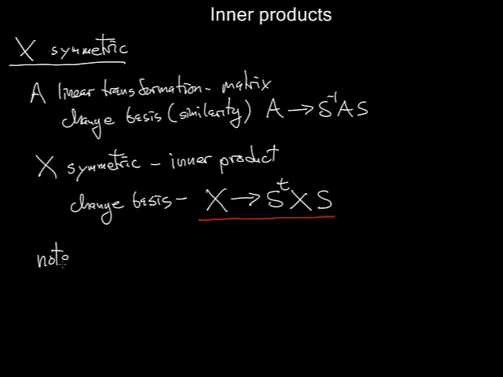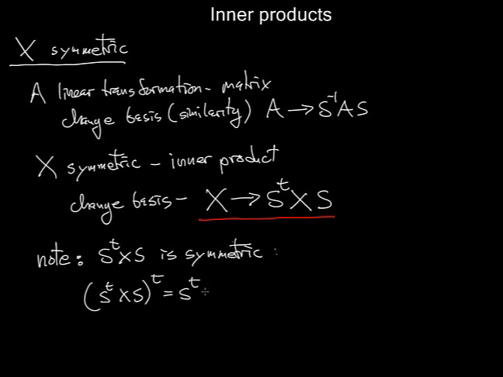And in the setting of inner products, it's the one we need. And one comment I'll make is that if X is symmetric, then S transpose XS is automatically symmetric, because you just check. When you take the transpose, you get this thing, and that indeed is equal to itself.